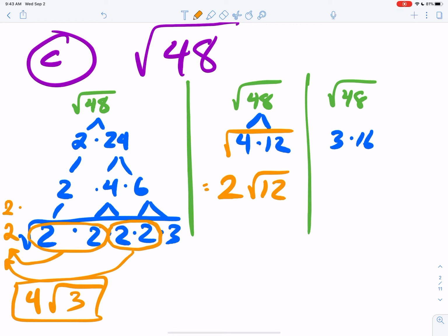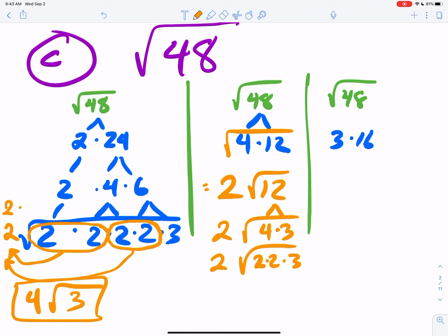So this right here is a simplified version, but it's not in the simplest form. 12 can still be broken down into 2 times 2 times 3. So you neglected a pair that you could also take out.